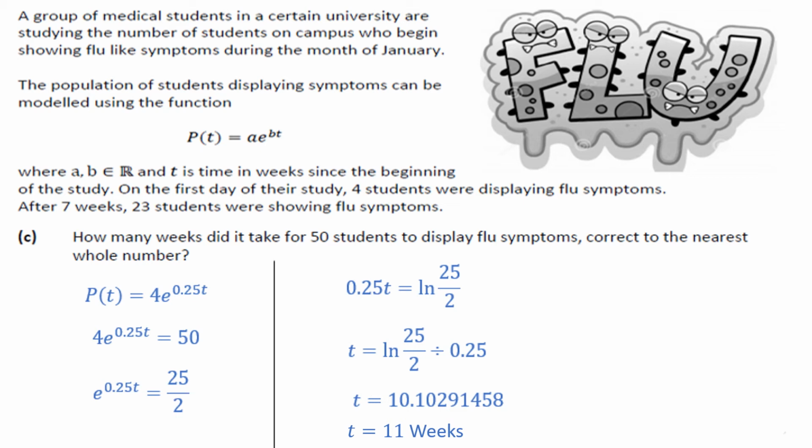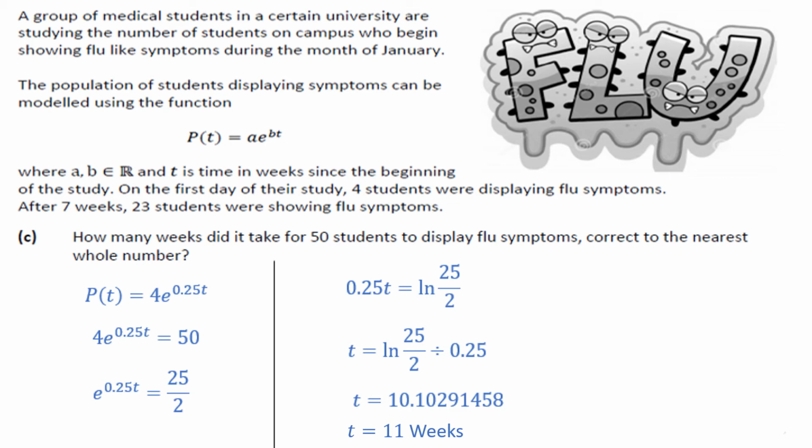I feel like if we were working in a situation like this, and we went down to 10 weeks, there wouldn't be 50 students, there would be less than 50 students. So is that technically true? Oftentimes in a question like this, where it's ambiguous as to which really is the correct way to round, in an exam situation, in the actual Leaving Cert, they would award marks for both.